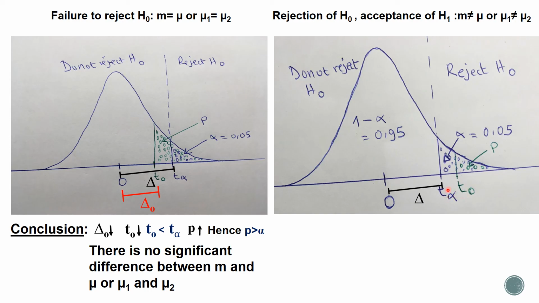And when it's superior to this, remember I said the observed statistic is inversely proportional to the p-value. When it's superior, it means when it increases, what happens? The p-value decreases. And what it means is that when the p-value decreases, we have a lesser probability of the observed difference being due to what? Random sample error. We have a lesser probability.